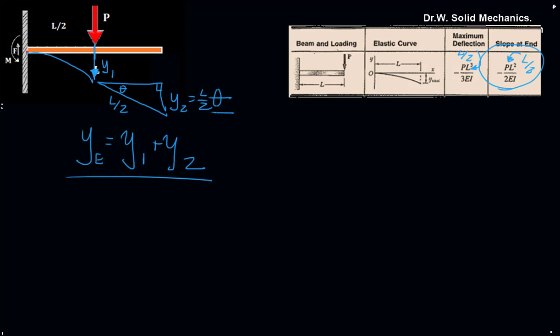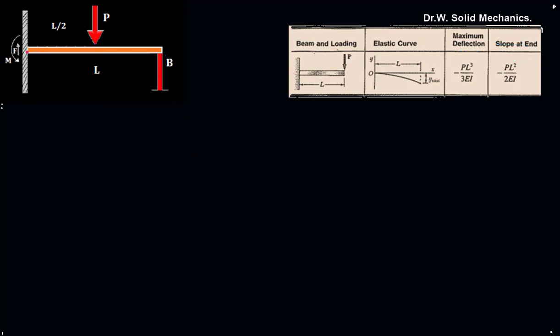However, there's something much more useful that we can do with these deflection tables, and that's the case of indeterminate structures. If we add a support out here at B, this beam becomes indeterminate in that we have a moment, a force, and now a new force at B, in which case we have 3 unknowns and only 2 useful equations.